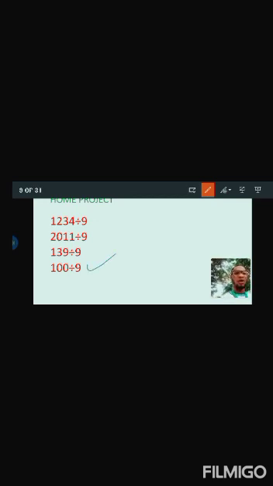This is very simple. How many times can 9 go into 1? So normally you write your 1. This is going to be 1, right? So you say 1 plus 0. 1 plus 0 is 1. Good.